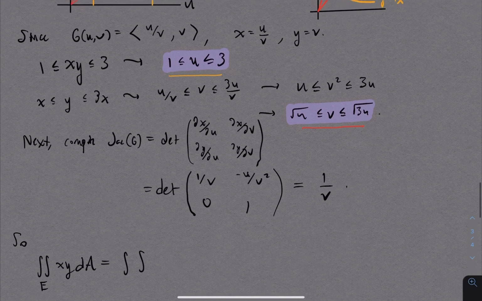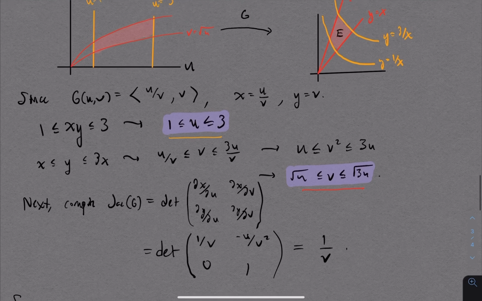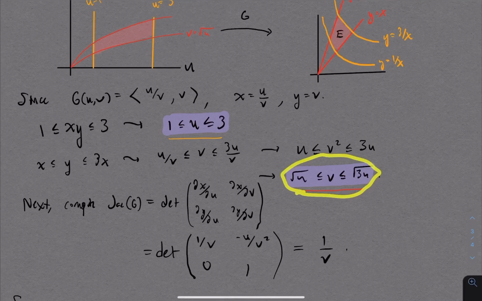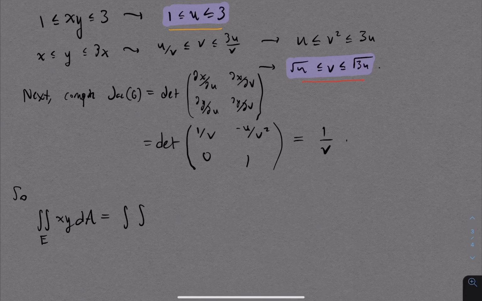In other words, what we're picking up here is that this region in the UV world is vertically simple. It's v simple. So I would want to integrate with respect to v first. The lower bound will be root u, the upper bound will be root 3u, and then the bounds for u are 1 to 3.